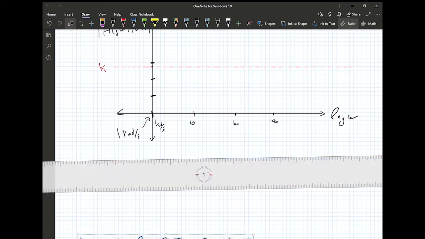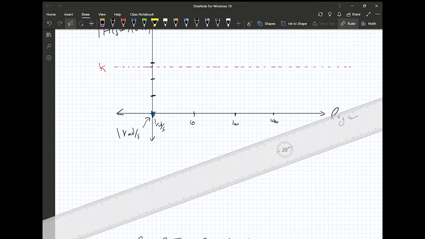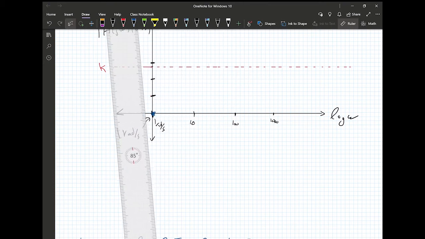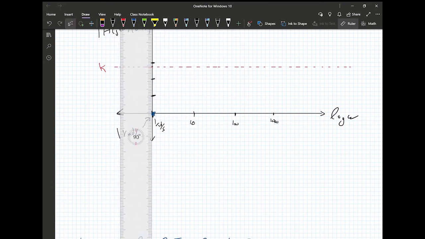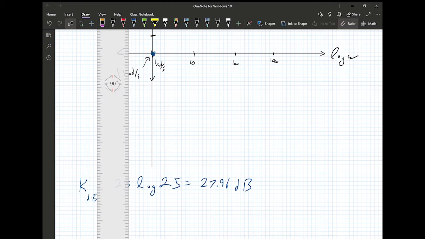And then we said we wanted to draw a straight line that's 40 dBs per decade. So that means I have to extend this axis. Let me go to black. So I'll extend this axis down here.